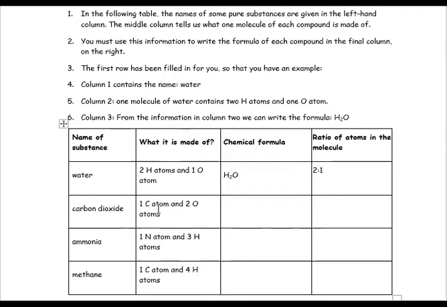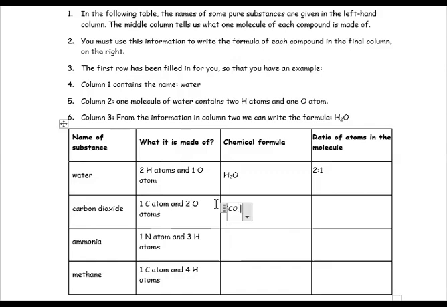Let's look at carbon dioxide. There's 1 carbon atom and 2 oxygen atoms. So that tells us how we need to write it. Remember, if there's 1 carbon atom, it's just C, and 2 oxygen atoms. So we know that we need to put an O. So it's C, it's O, and it says there are 2 oxygen atoms.